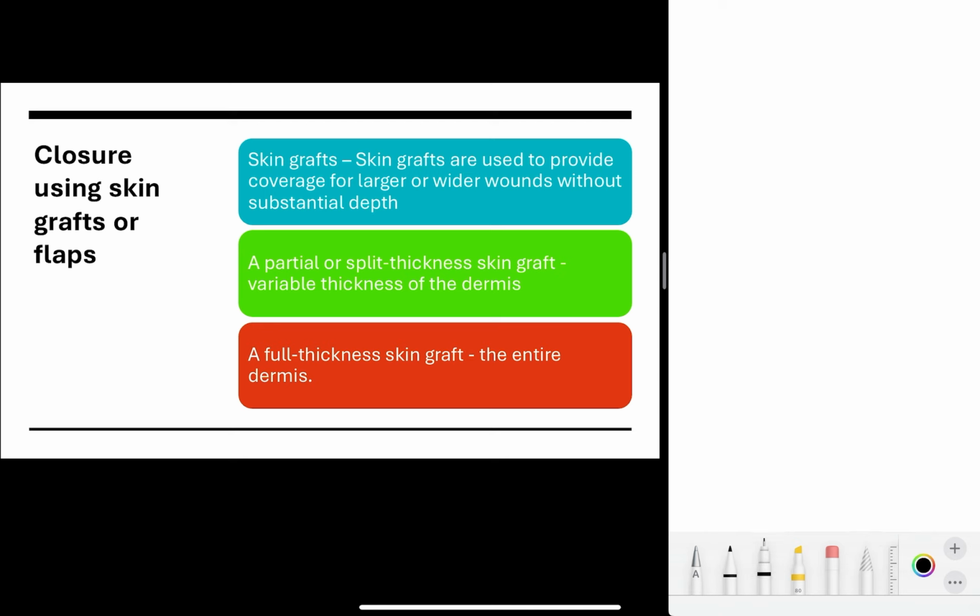A partial or split thickness graft contains variable thickness of the dermis, while a full thickness skin graft contains the entire dermis.